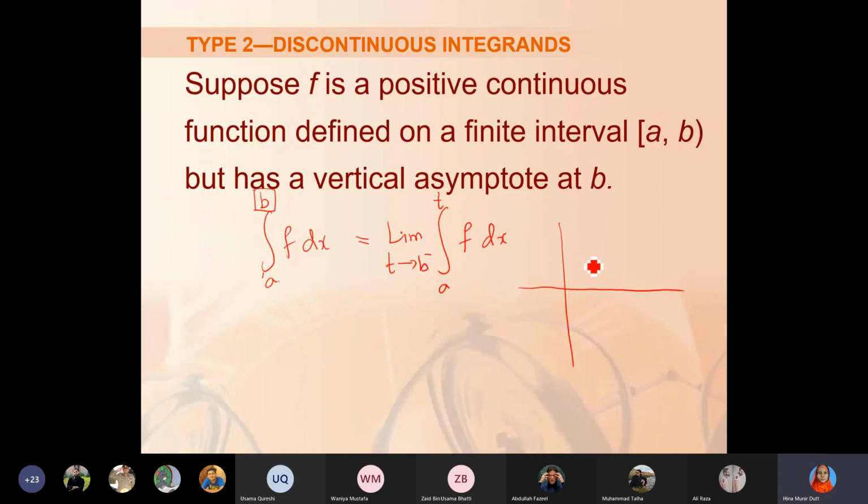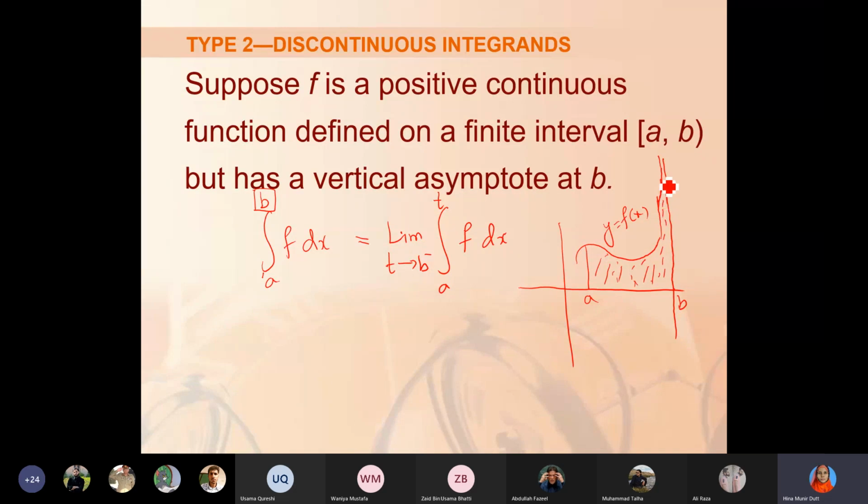This region becomes this. This is my line, this is my a, this is b, and this is a curve y is equal to f of x, and this line is basically an asymptote to this curve, x is equal to b.